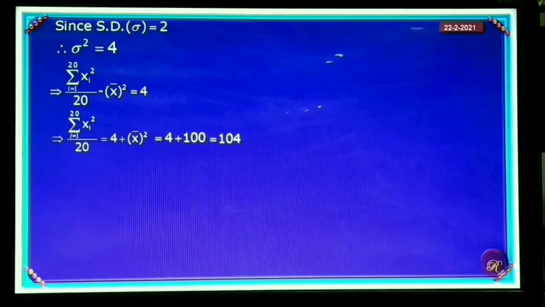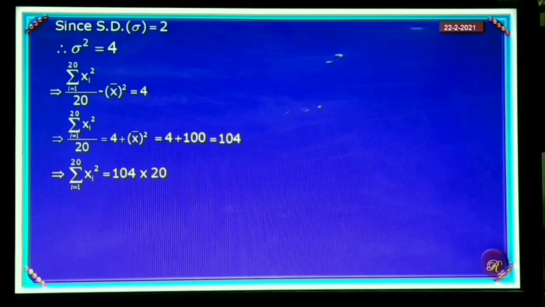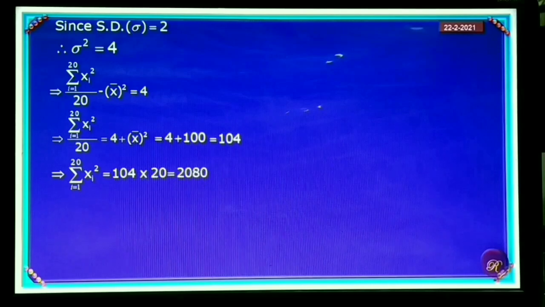By cross multiplication, we will get summation of xi square is equal to 104 into 20, is equal to 2080.